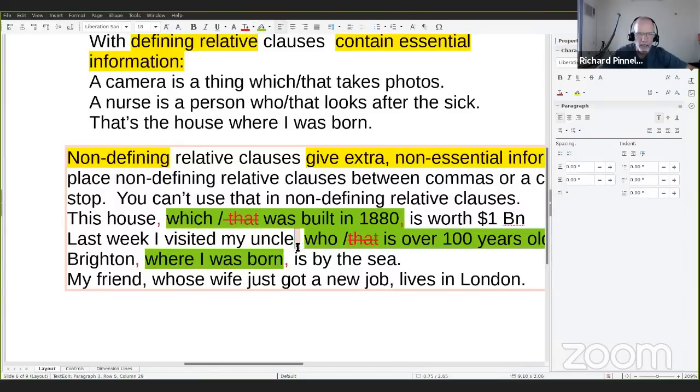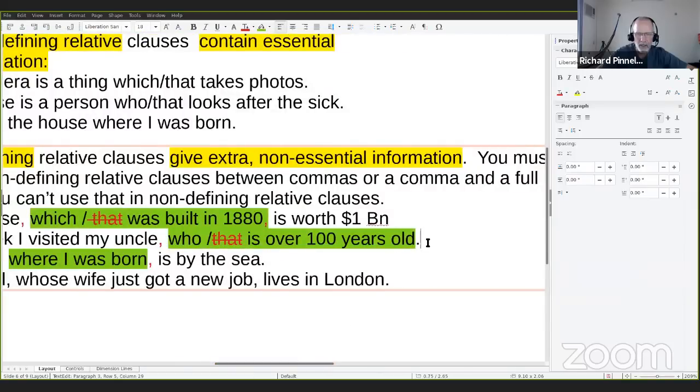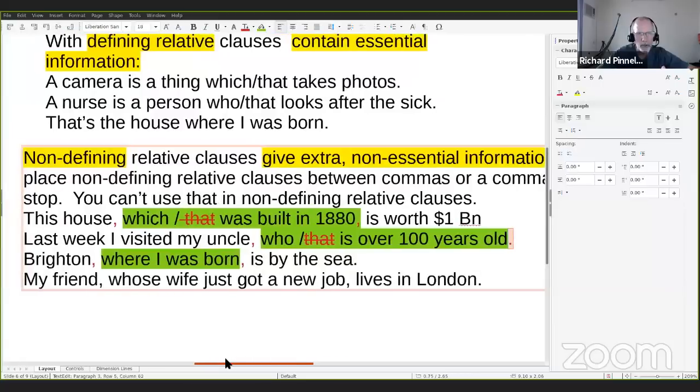Here's the comma here. This one actually has a comma here and it finishes here with a full stop. So it's either between commas, as in this example, comma, comma, or comma, full stop if it's at the end of the sentence, or here we have comma, comma. With the last example, my friend, whose wife just got a new job, lives in London.